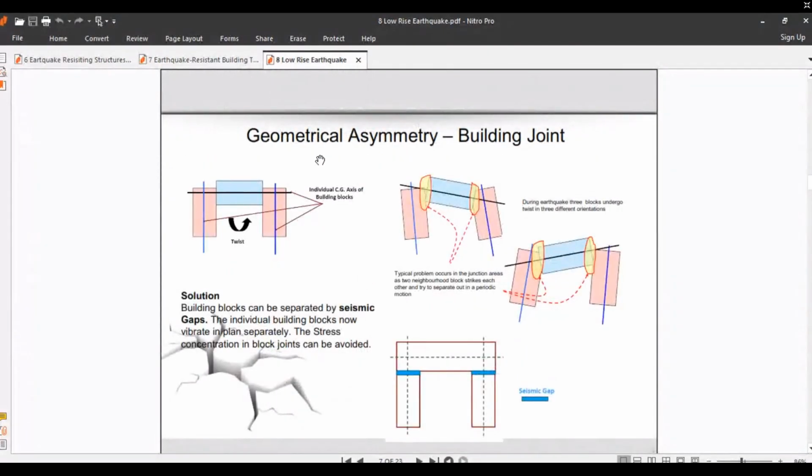Another type of geometrical asymmetry is in the building joints.